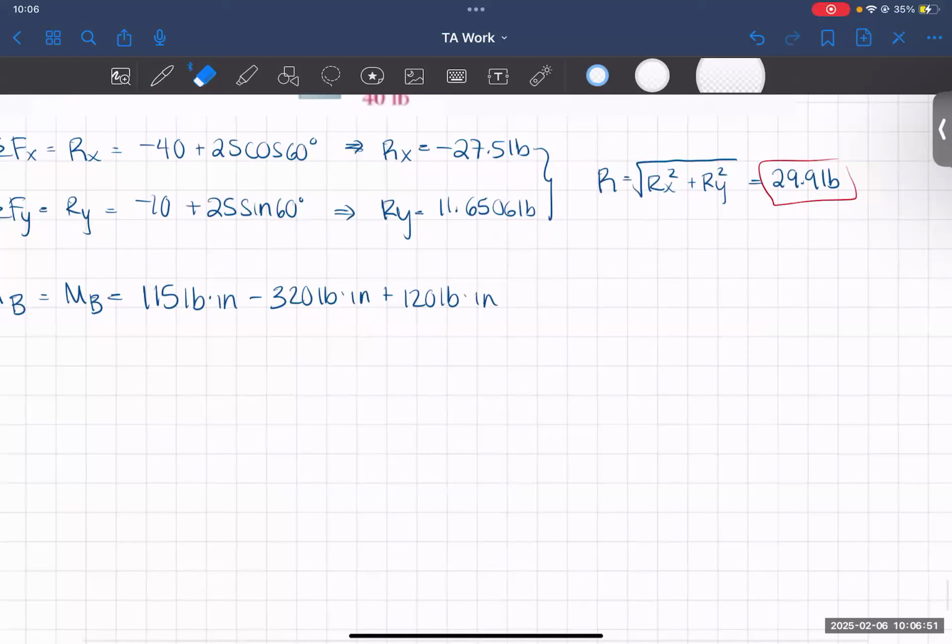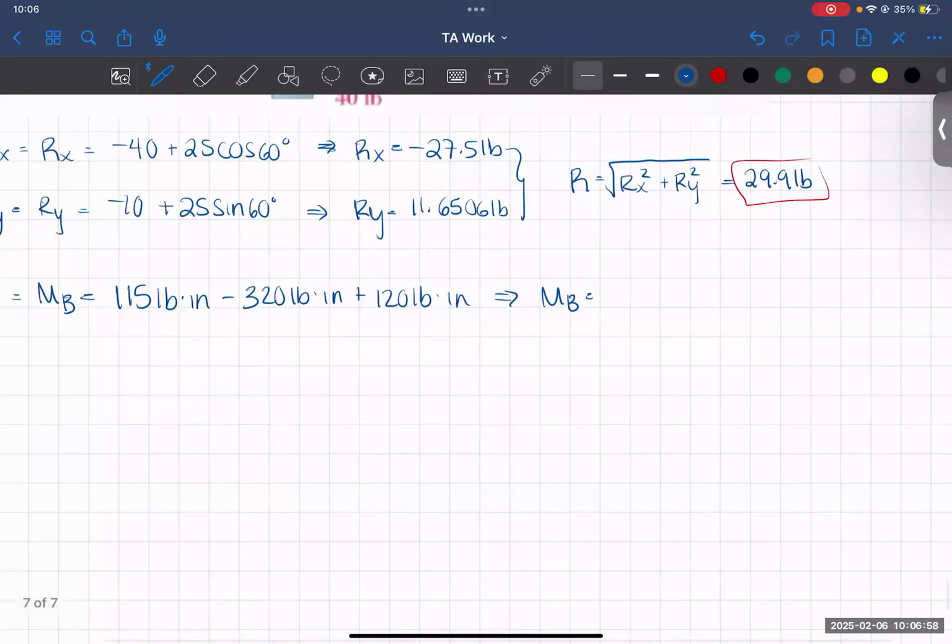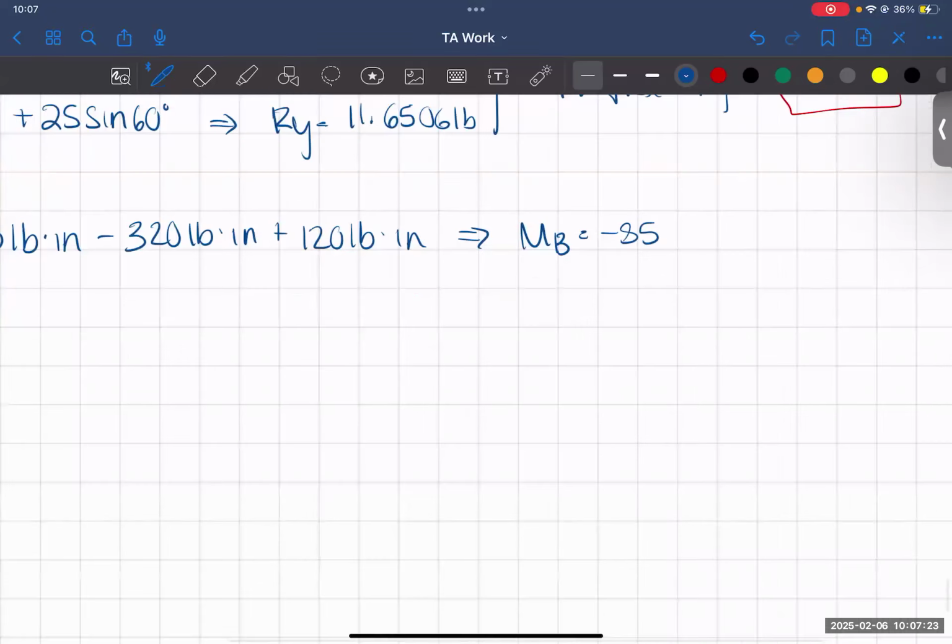So our resultant moment at B will be 120 plus 115, so it'll be minus 85. Minus 85 will be our resultant moment.